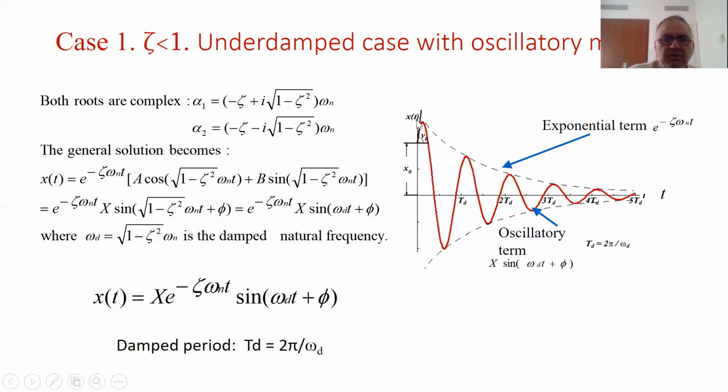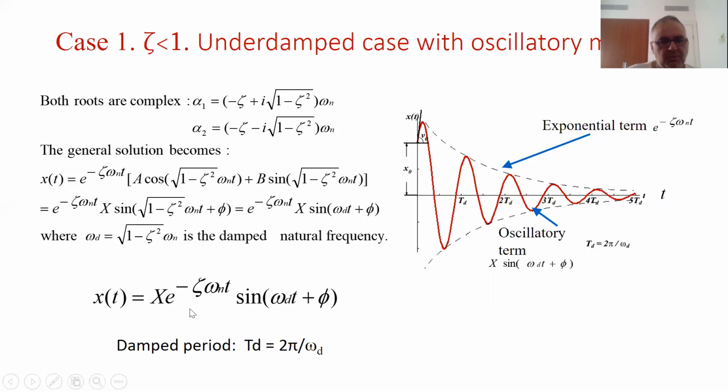Initial velocity gives you the slope of the curve when time is equal to 0. The roots are complex. For the general solution, using Euler's identity, you can find that eventually the equation that solves your system is something like this.